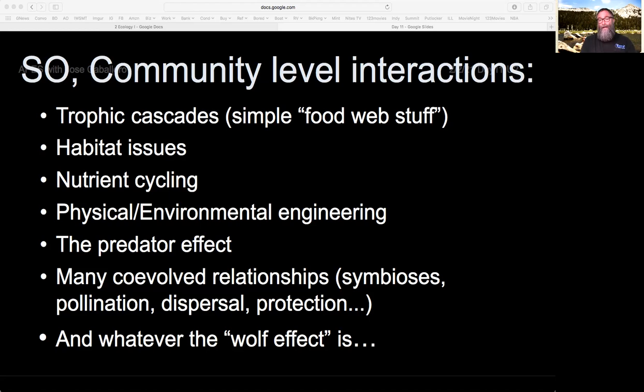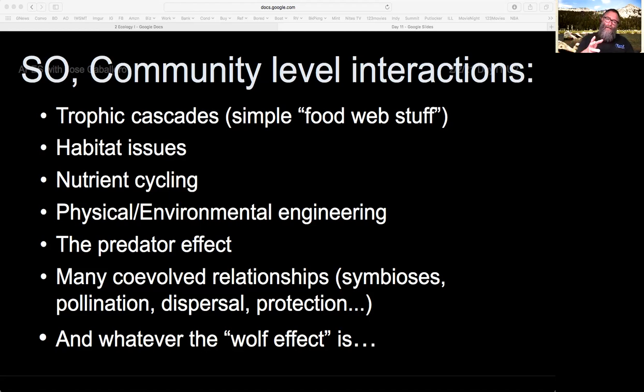Now that you're stepping up to college kid level, there's other types of interactions within a community. It's not just the trophic stuff, but there's also the habitat issues, like the way that the kelp is a place for other stuff to live.